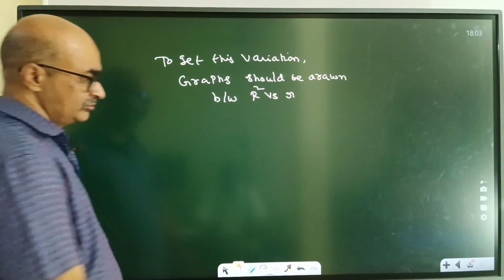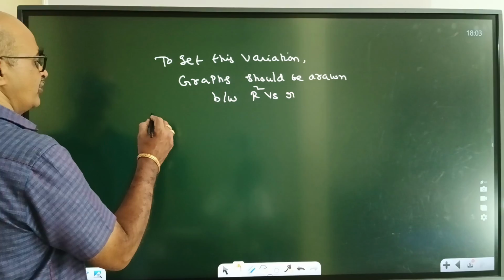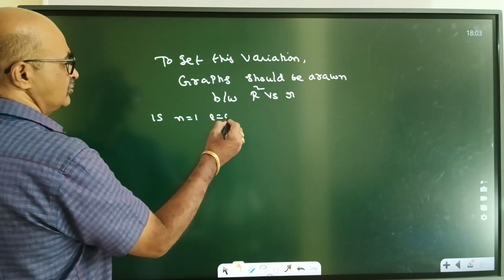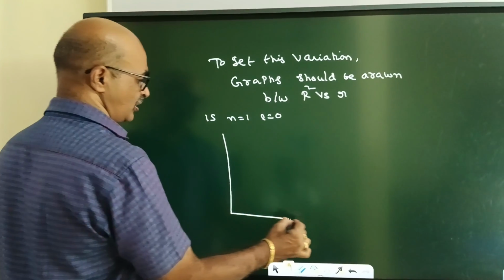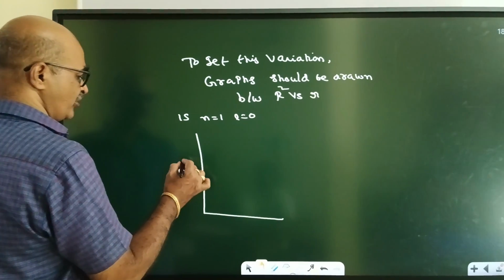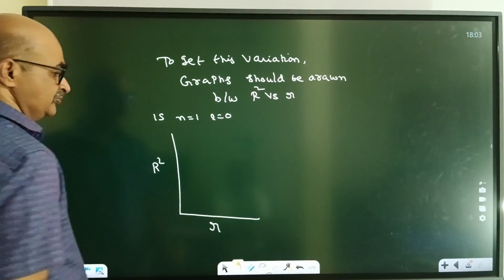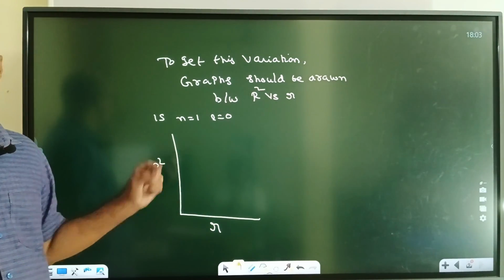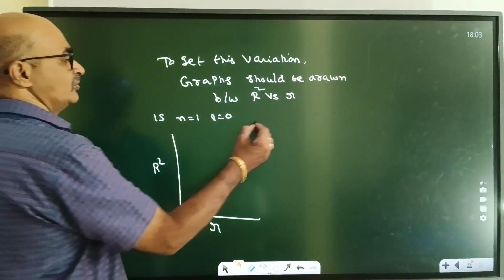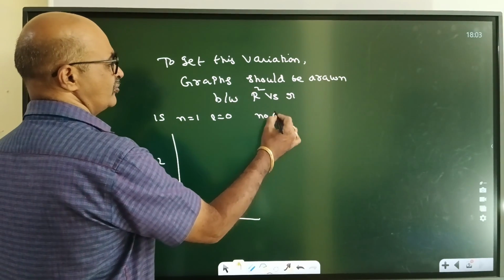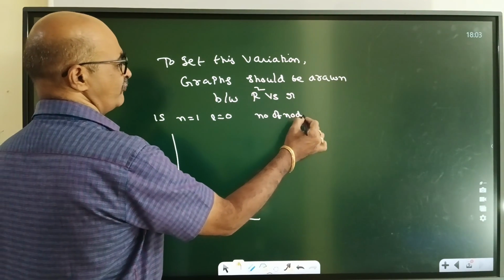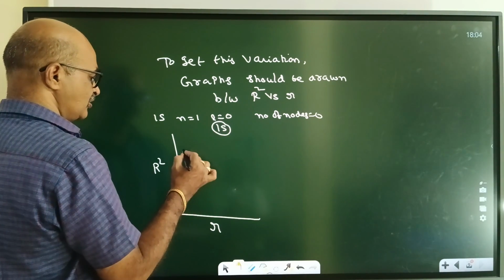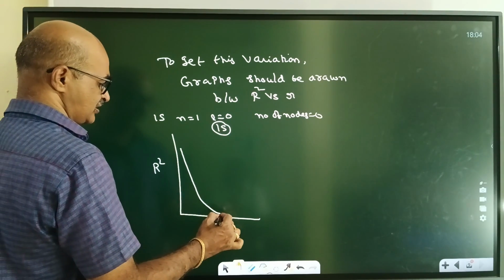Okay, now first, for 1s, n is equal to 1, l is equal to 0. So graph is like this. This is R square, this is R. For the 1s orbital, the curve starts at the nucleus. Number of nodes is equal to 0 for 1s orbital.